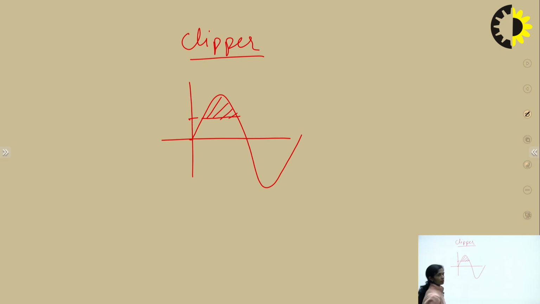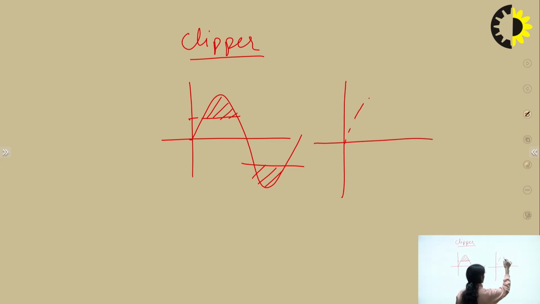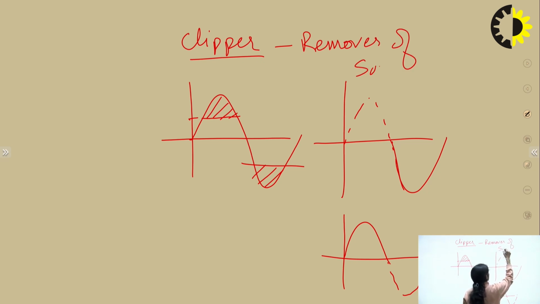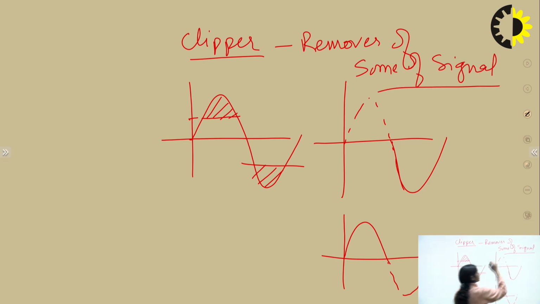We can remove this portion or that portion, or we can completely remove either the negative half cycle or the positive half cycle. In this way we can form different types of clipper circuits with the help of a diode. So basically a clipper circuit removes some portion of the signal.